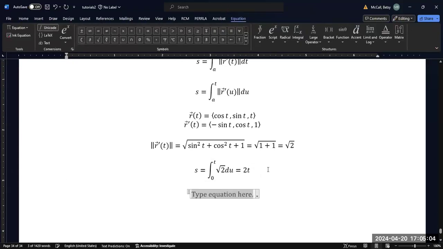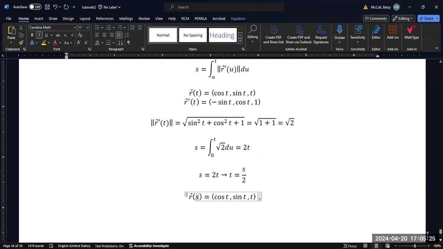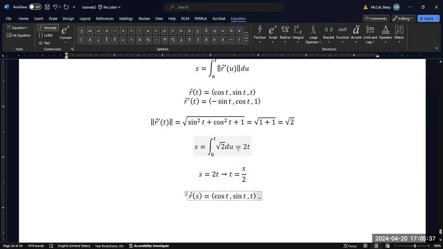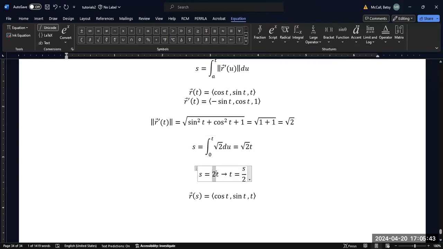This is important because now I have s is the square root of 2 t, which implies that t is equal to s over the square root of 2. Sorry, earlier I dropped the square root of 2, but it belongs there.